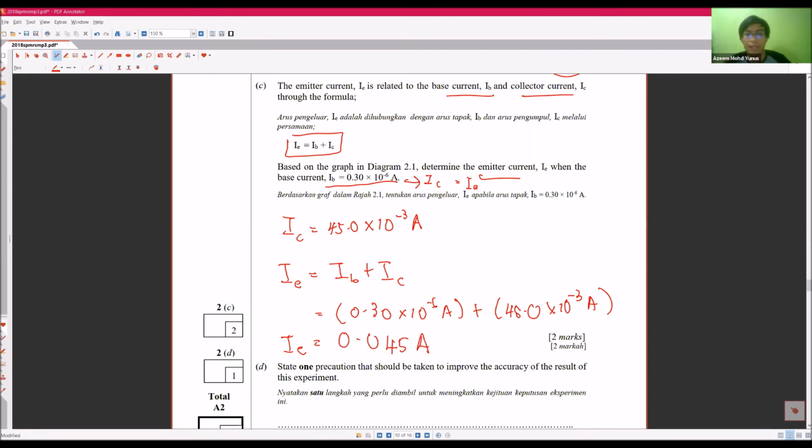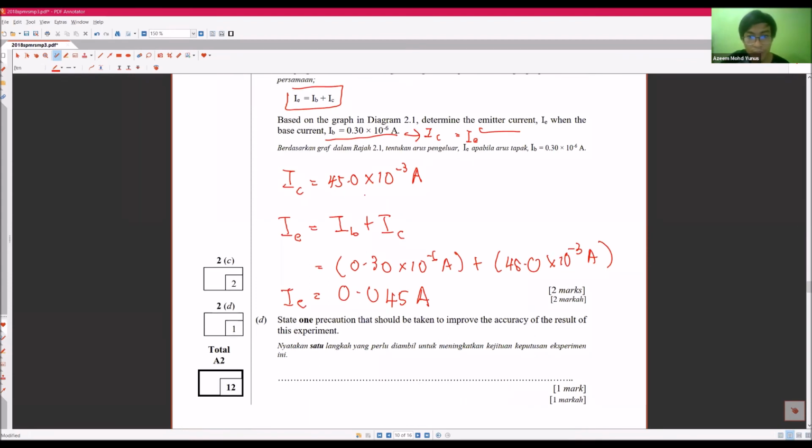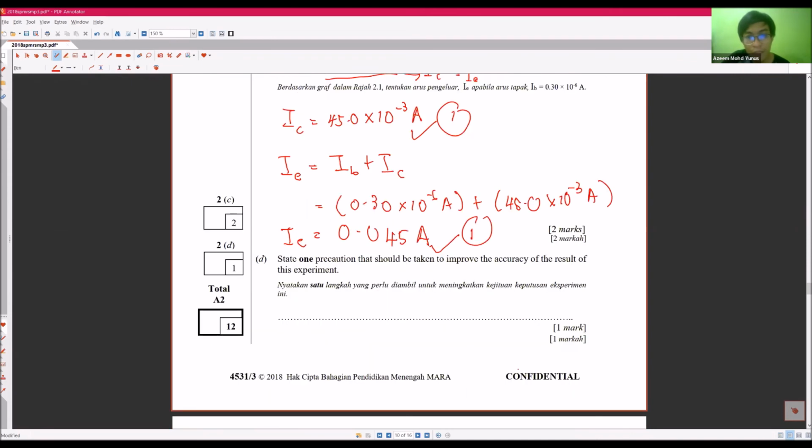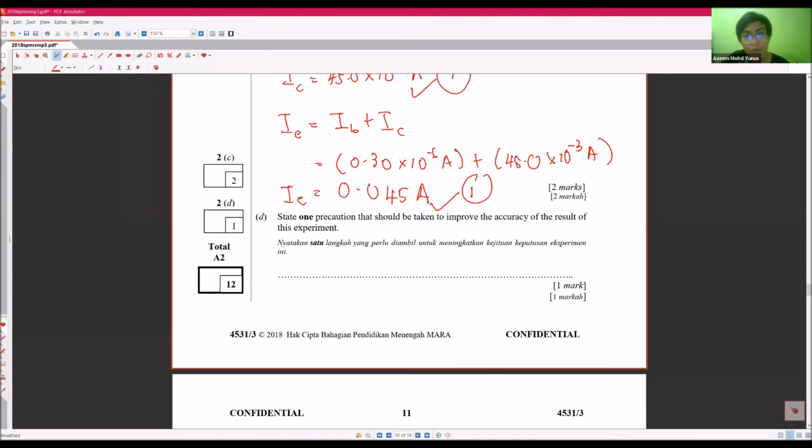So this is the answer. 2 marks. So basically this is 1 mark, and then this is another mark with the correct unit.